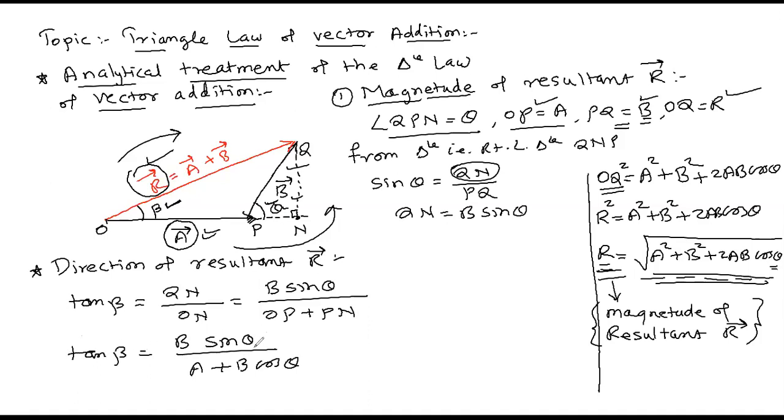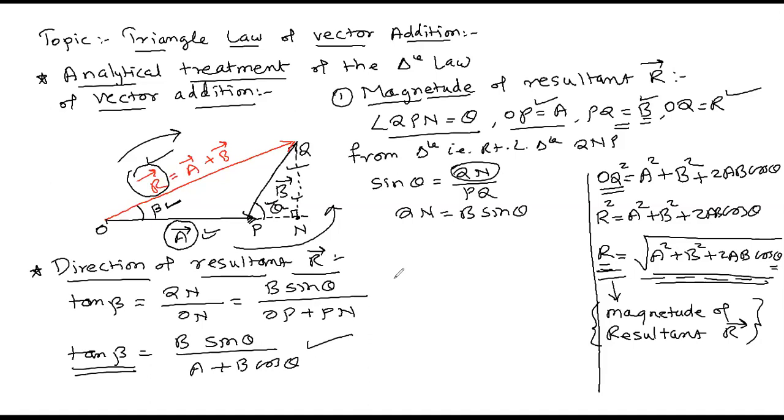From this one, you can have the value of this tan beta, or beta is equal to tan inverse of B sin theta upon A plus B cos theta. You can also calculate. So by using this relation, you will get the direction of the resultant vector R. So I hope in this particular topic, we have found the magnitude as well as direction.